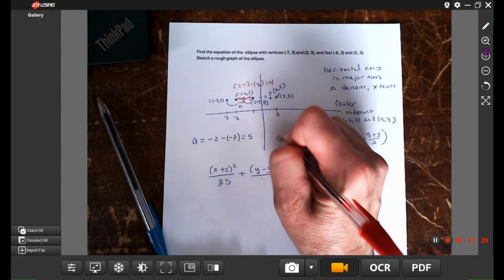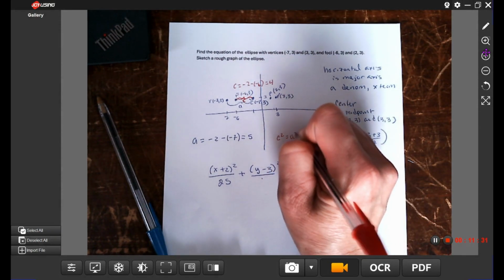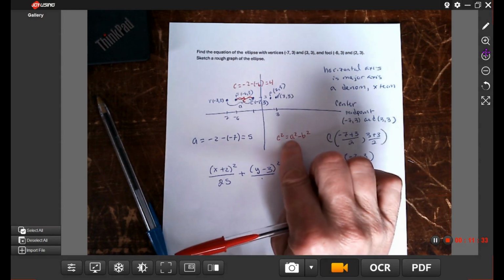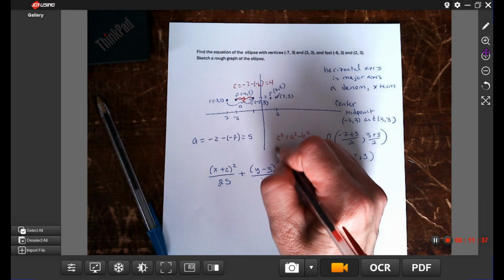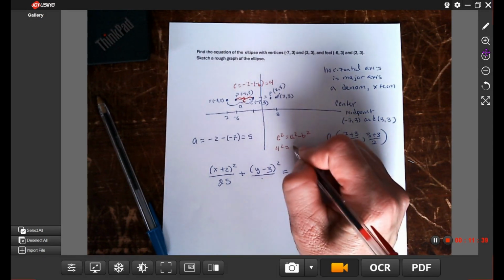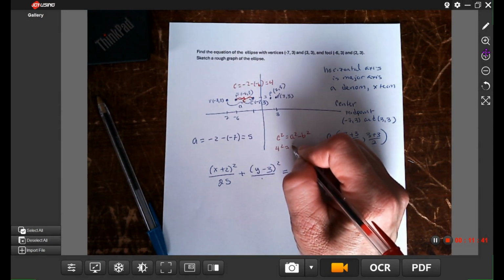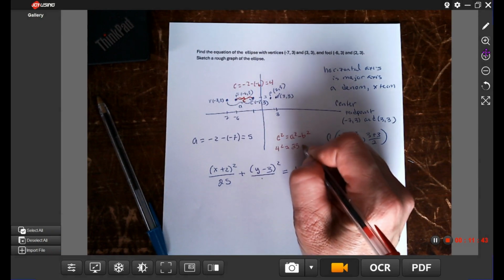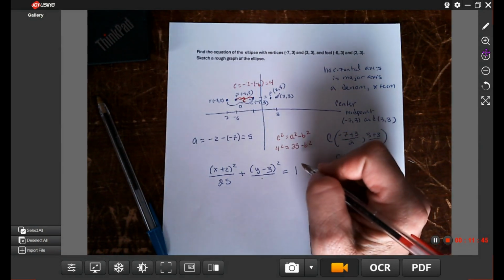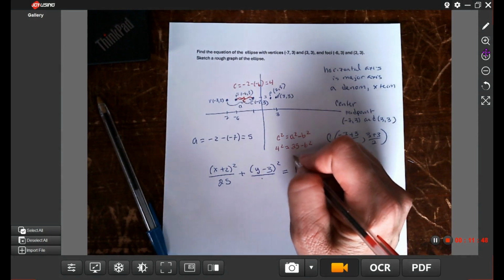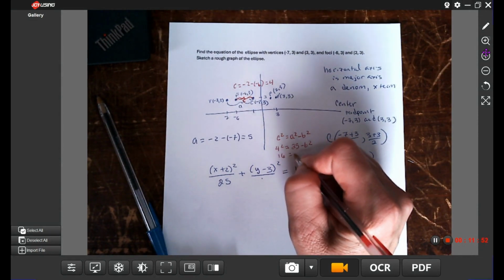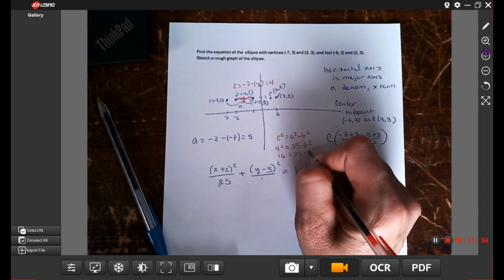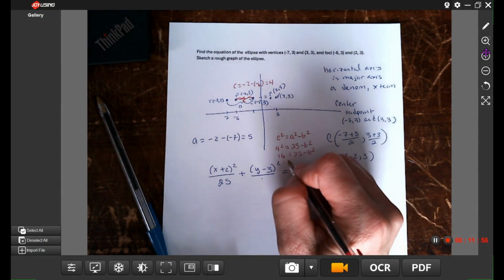So now that I know c is 4, I can hopefully find out b. So our equation was always c squared equals a squared minus b squared, where a is always the bigger one, so we get a positive on the right. So we have 4 squared is equal to a squared, which was 25, minus b squared, and we don't know what b squared is. So let's work this out. So we have 16 equals 25 minus b squared.